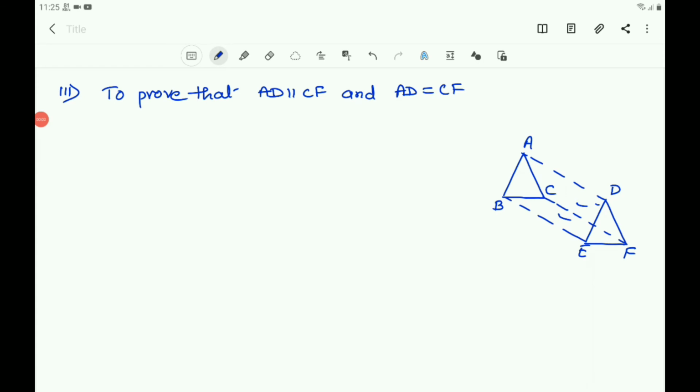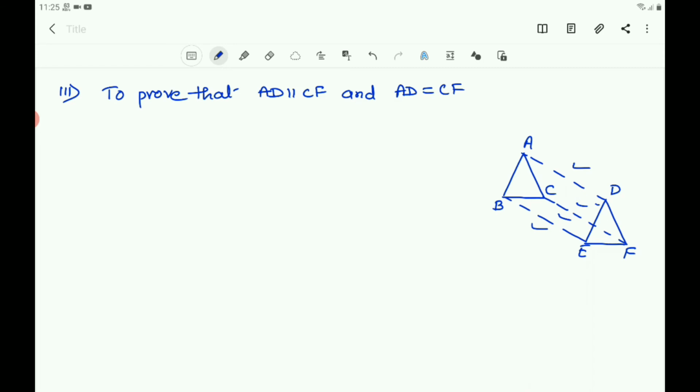We proved that ABED is a parallelogram, therefore BE must be parallel to AD and also BE equals AD. And also we proved BEFC is a parallelogram, so BE is parallel to CF and also BE equals CF. The same line is parallel to two lines. So you know that two lines which are parallel to the same line are parallel to each other, and also things which are equal to the same thing are equal to one another.